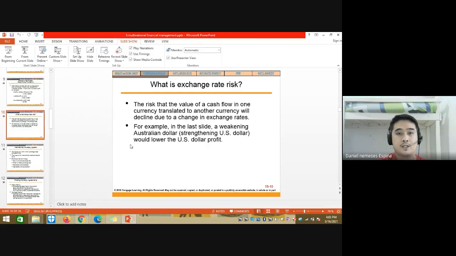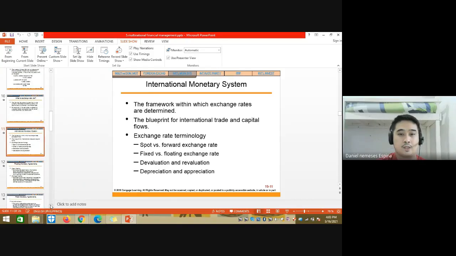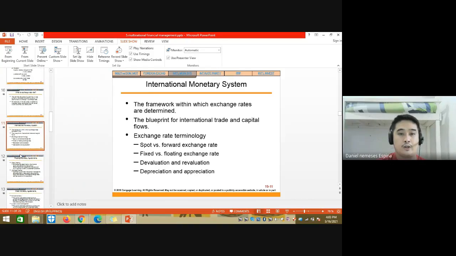So those operating outside their home country are experiencing what we call exchange rate risk. Since this is a risk, management must do something to hedge or mitigate this risk. One way of doing that is to invest in the forward rates or to enter into forward contracts.